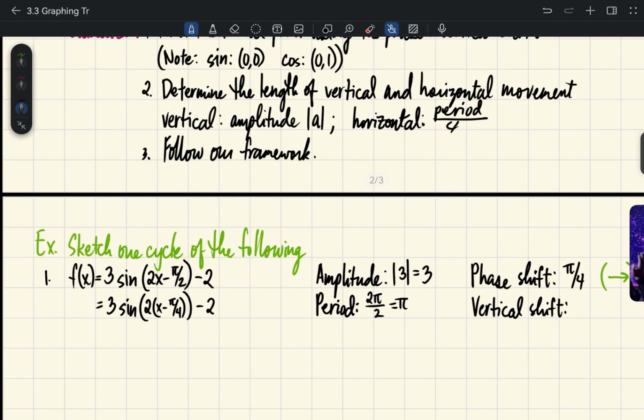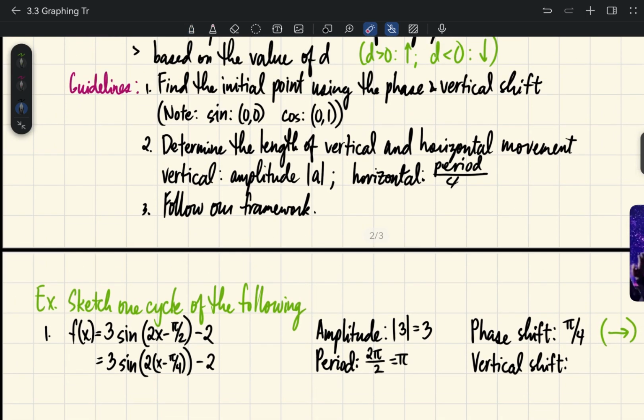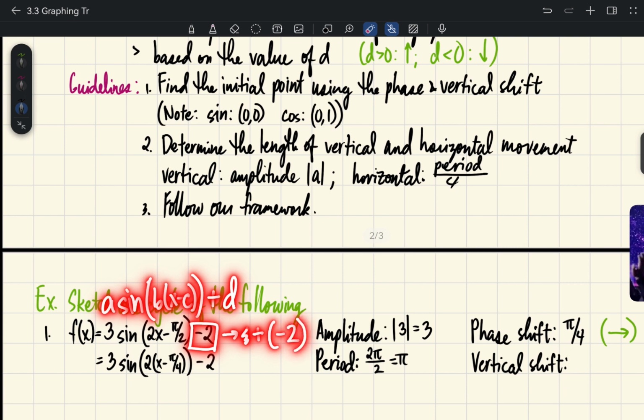Vertical shift is based on the value of D. We have A times sine of B times x minus C plus D. However, this is a negative 2, which could be written as plus negative 2.